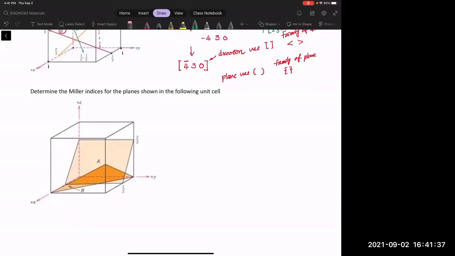For the plane, step one is: if the plane passes through the origin, then you have to shift the origin, or shift the plane, or define a different point to be the origin.